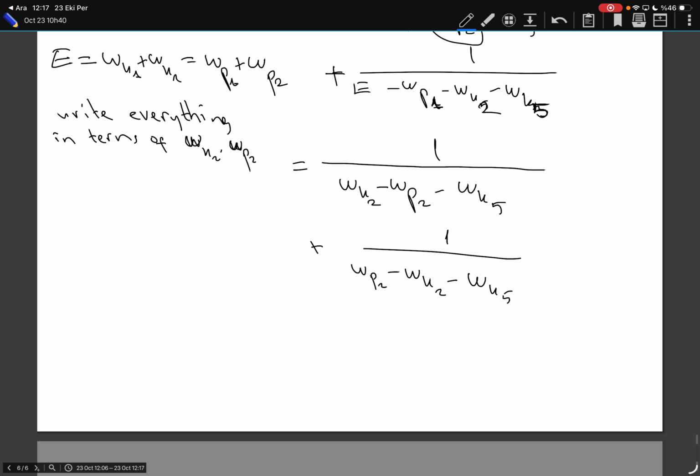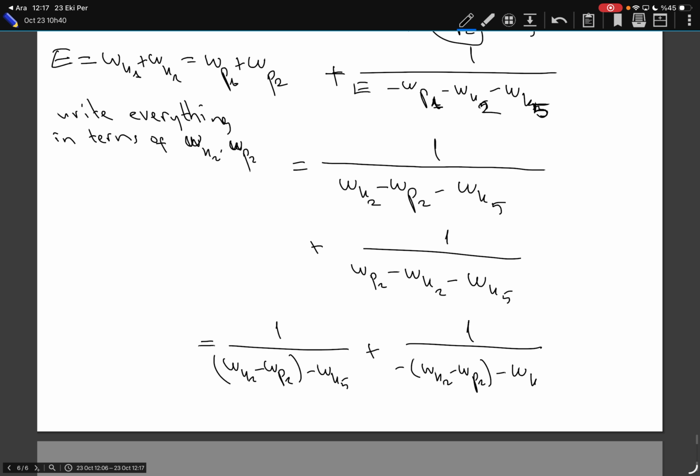Which will be 1 over omega K2 minus omega P2 minus omega K5 plus 1 over minus omega K2 minus omega P2 minus omega K5.